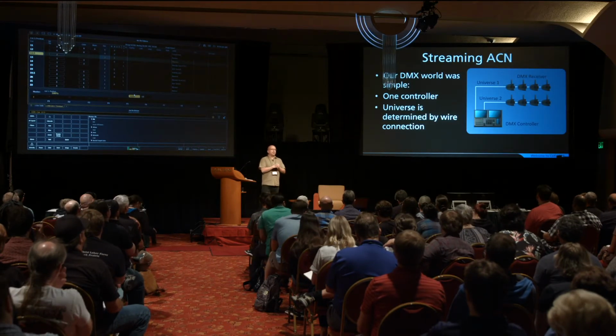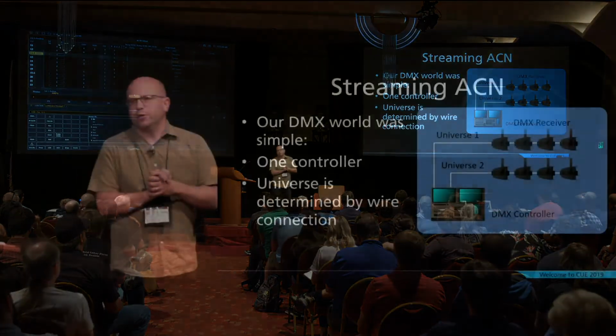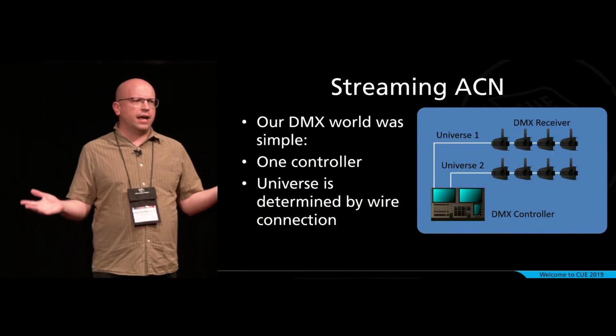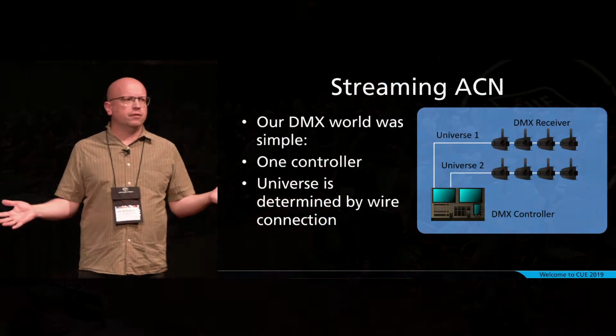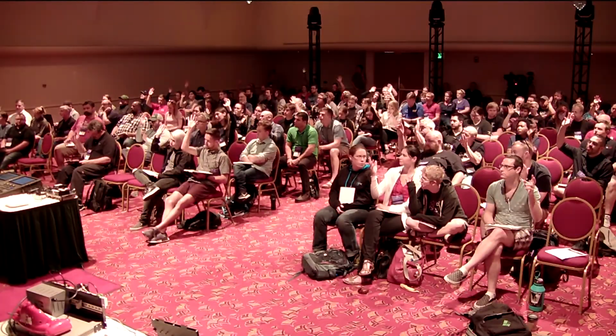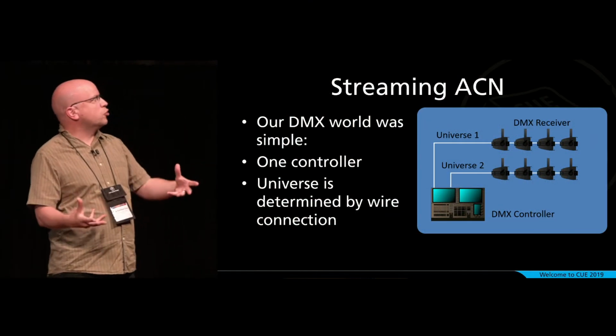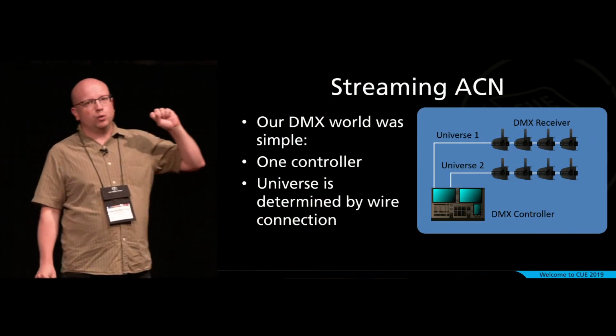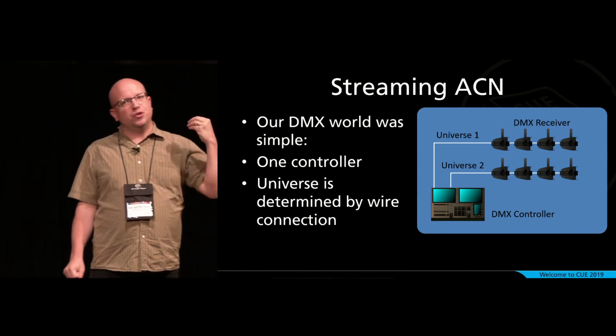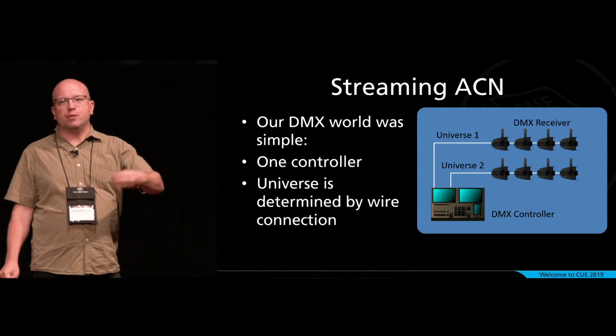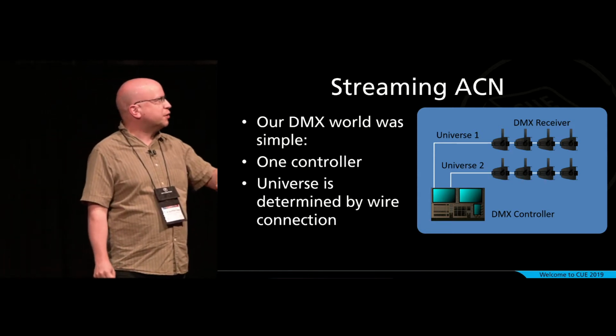All right, so let's talk now about streaming ACN. So who here works in a facility that has network and uses streaming ACN regularly? Most people. All right, cool. So DMX was pretty simple. As I said, we had one console, one controller. It had multiple universes coming out, and remember the universe is really just defined by which cable that plugs into the port.